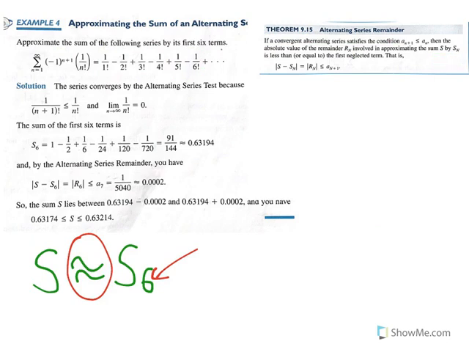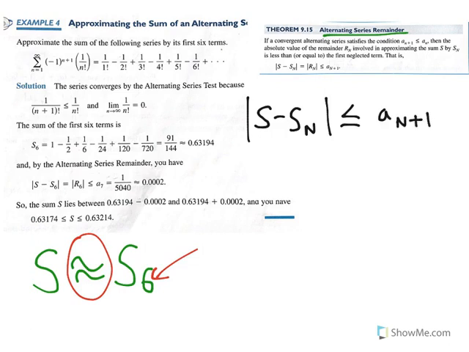The alternating series remainder theorem tells us that the absolute value of the difference between the infinite sum and our nth partial sum will be less than or equal to the first neglected term.